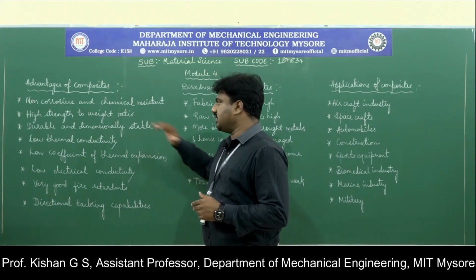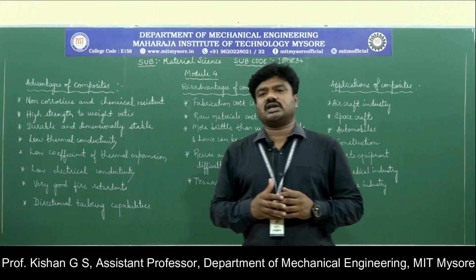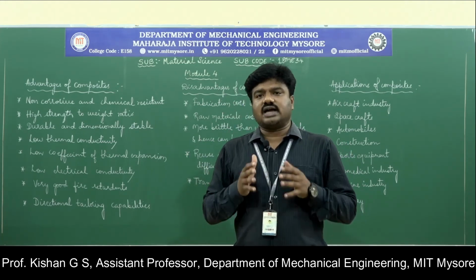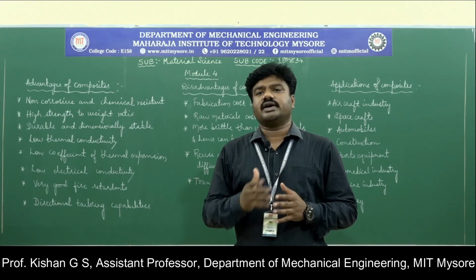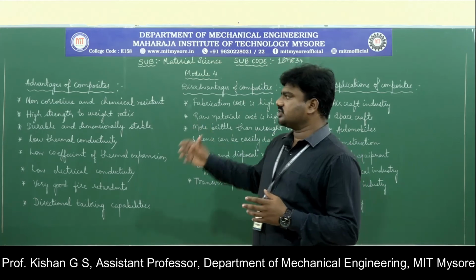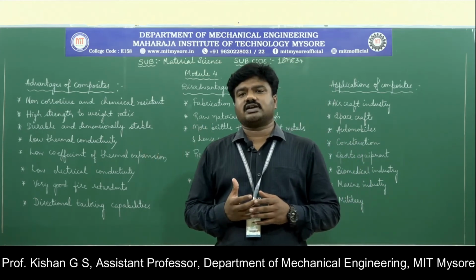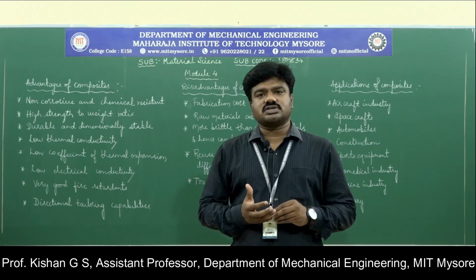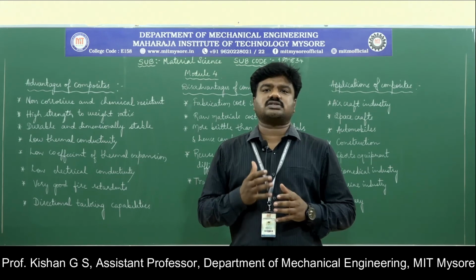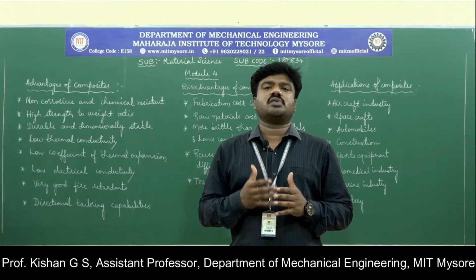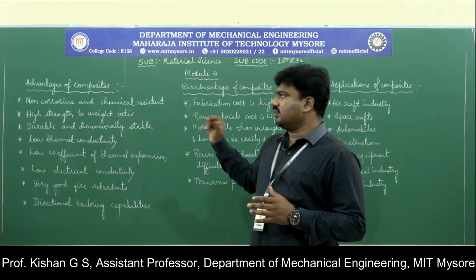Next comes durable and dimensionally stable. The curing of composite material will be made such that its dimension is retained even after subjecting the material to its application. Durability is one of the major issues because it gives very standard properties like non-corrosiveness, chemical resistance, less wear and tear, and the environmental degradation is very low in case of composite materials.